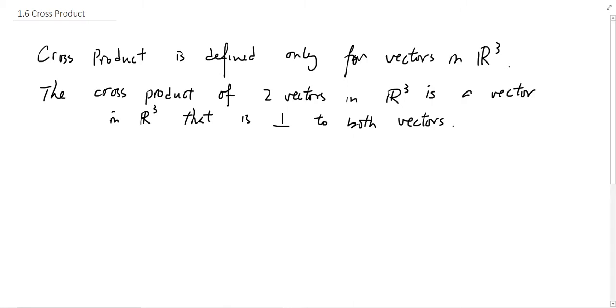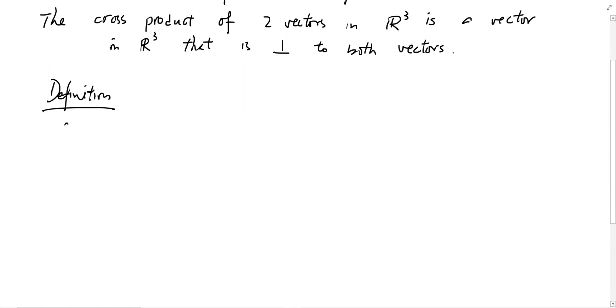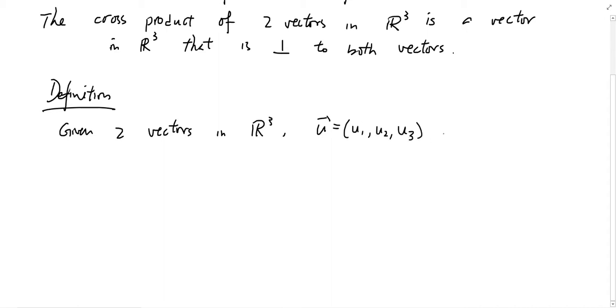So meaning the following. Let's do a definition. Let's say given two vectors in R3. Let's say vector u, which is u1, u2, u3. And let's say vector v, which is v1, v2, v3.